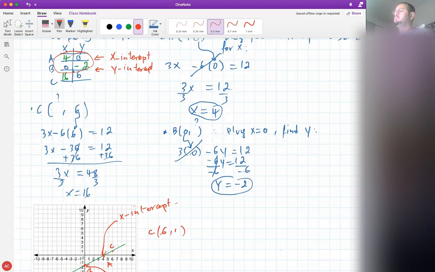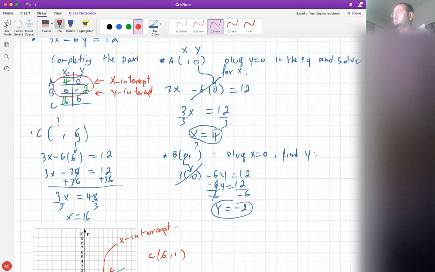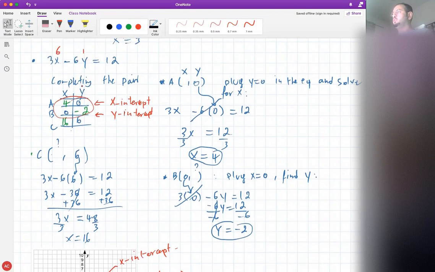The third point is optional. It's a checkpoint. You can add it. But you at least need 2 points to graph a line. So these are the special points. Remember them, they have zeros in them. Put 0 on the y, put 0 on the x, and complete the pairs whenever you graph a linear equation like this.